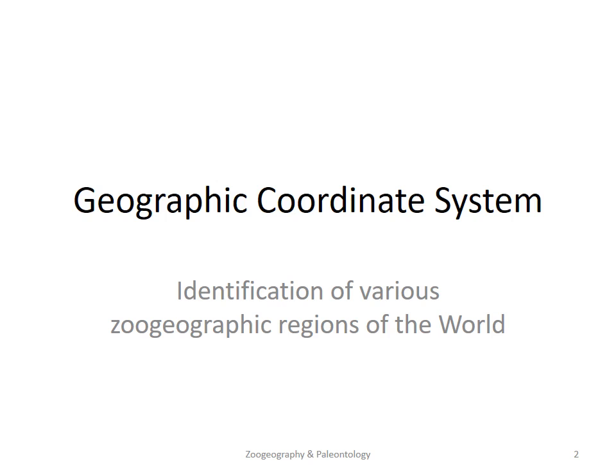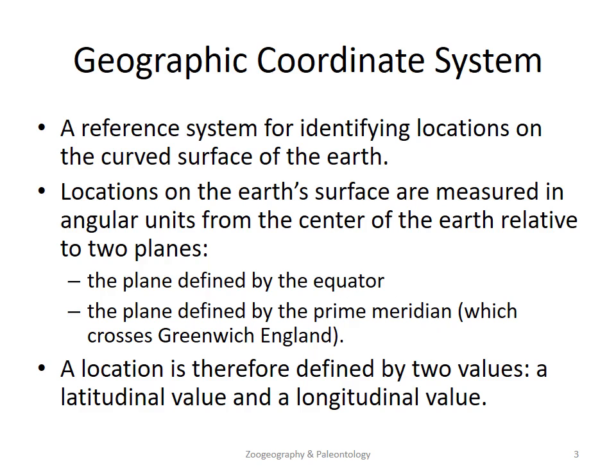So today we will understand geographic coordinate systems, and then we will do certain activities in order to understand this coordinate system. A geographic coordinate system is basically a reference system for identifying locations on the curved surface of the Earth. Locations on the Earth's surface are measured in angular units from the center of the Earth relative to two planes.